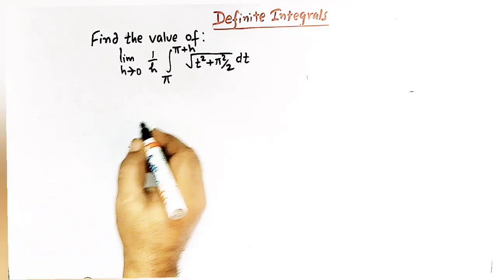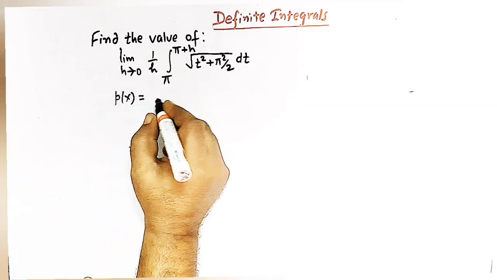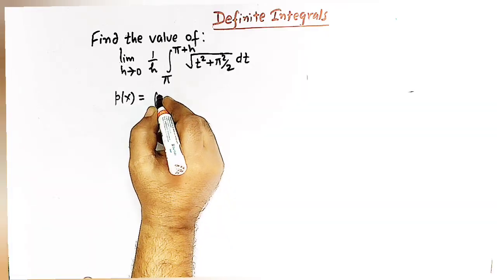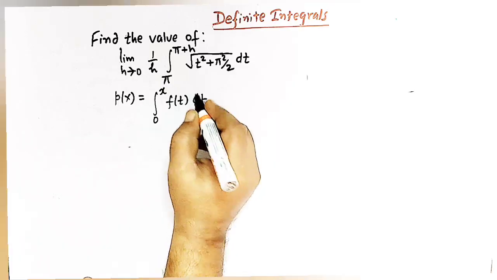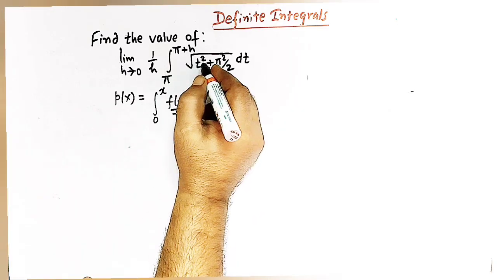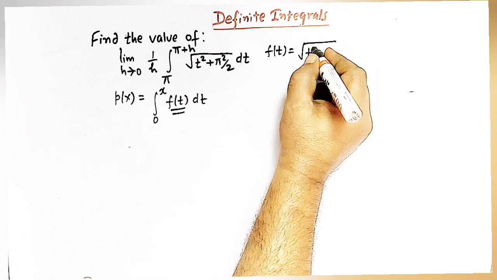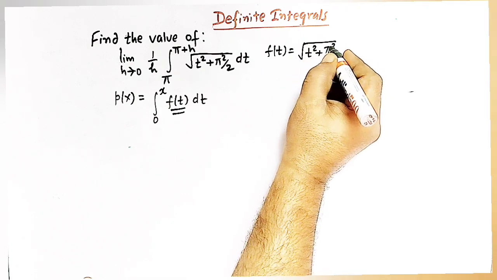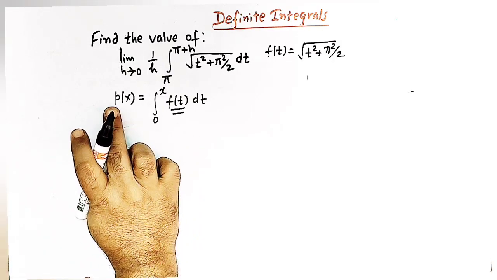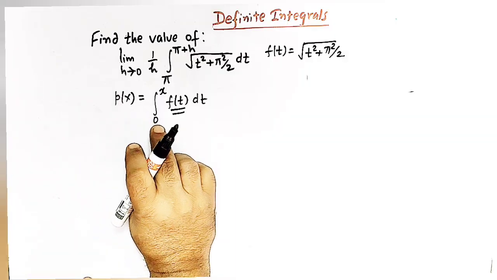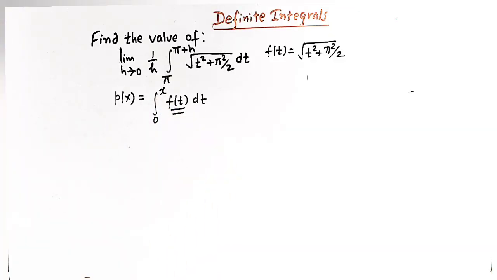So now let us consider a function, say P of x, that is equal to the integral from 0 to x of f of t dt, where our function f of t is equal to square root of t square plus pi square over 2, right? So here we'll assume a function P of x that is equal to the integral from 0 to x of f of t dt, right?